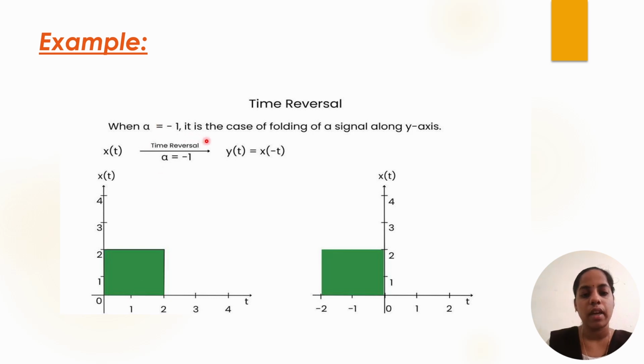When a equal to -1, it is the case of folding of a signal along the y-axis. This is the amplitude and this is the time period -4 to 4. And this is also the time period -4 to 4. This is time reversal. It means that with respect to time, the position of the signal changes. This is about the operations on signals.